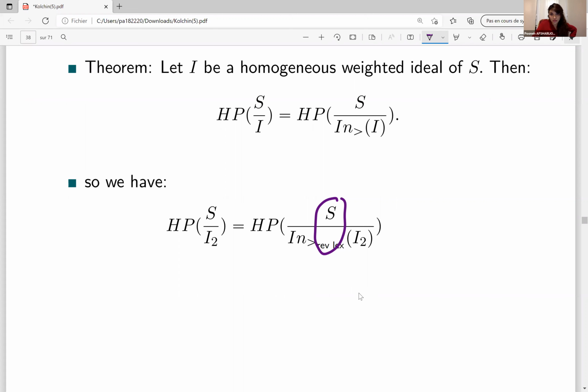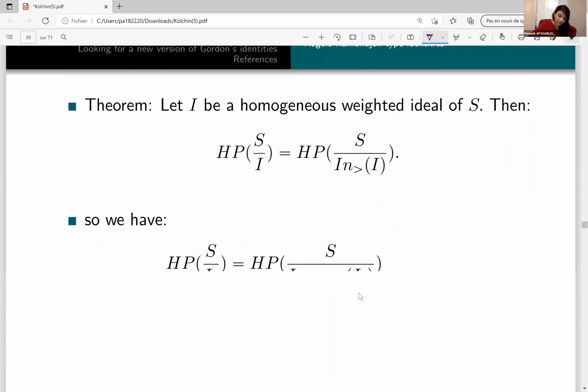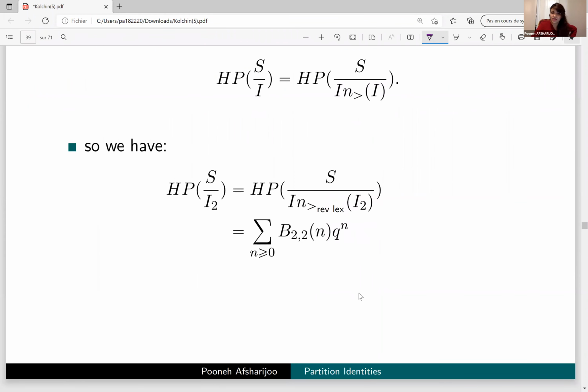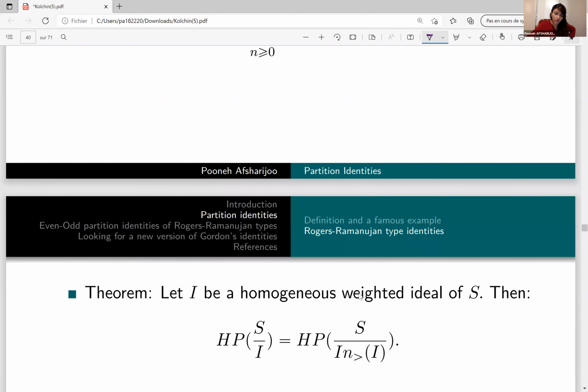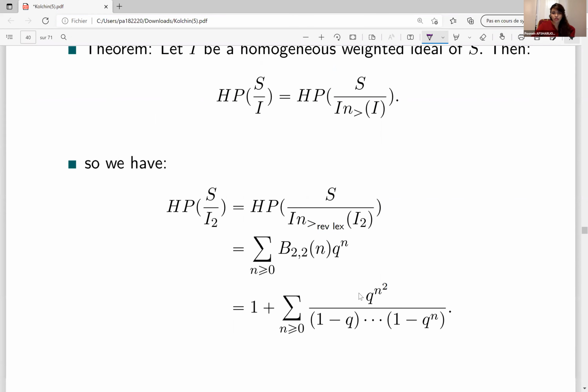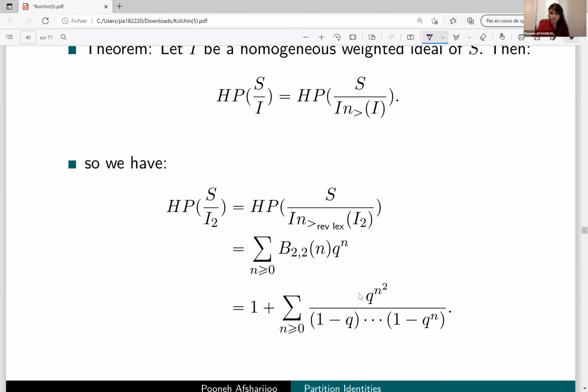In other words, the partitions which are counted by B_{2,2}(n). This proves that this Hilbert-Poincaré series is equal to the generating series of B_{2,2}(n). And by the analytic form of Gordon's identities, or Rogers-Ramanujan identities, it is equal to this Q series.